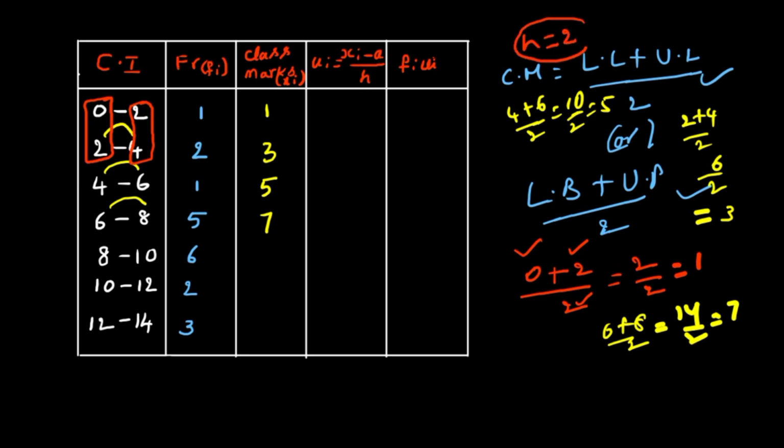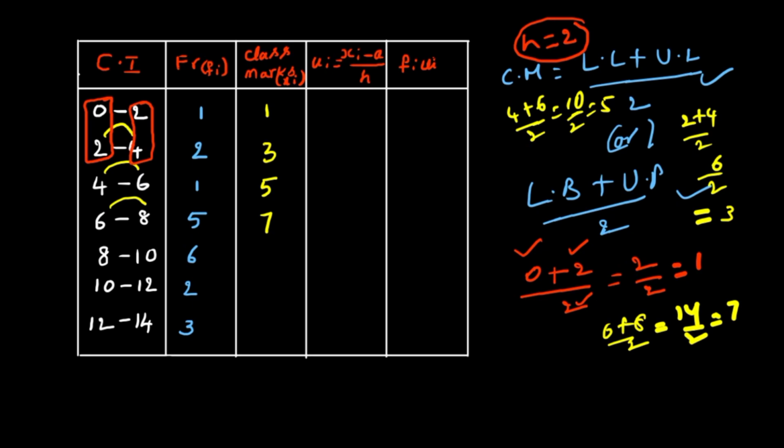You can check the continuous classes, like 2 to 4, 4 to 6, next 6 to 8, 8 to 10, then 10 to 12. Yes, all these differences are the same, that is 2, so the class size of this class interval is 2. So when we have 2, directly you can add it to the class marks.